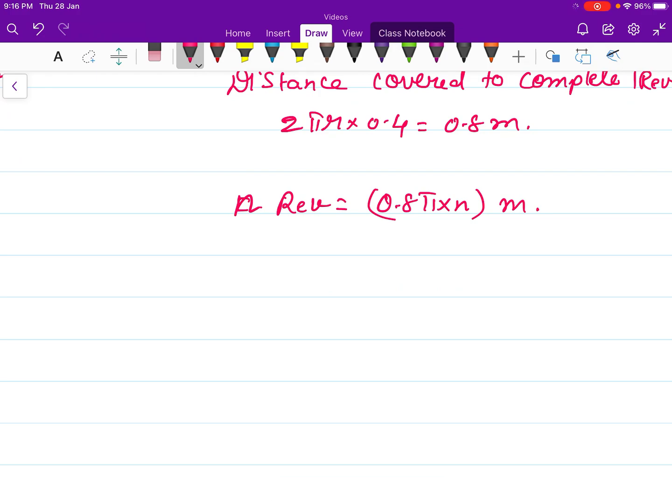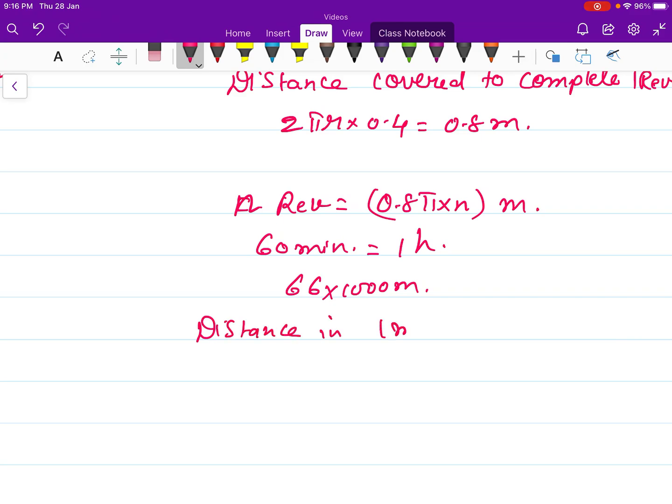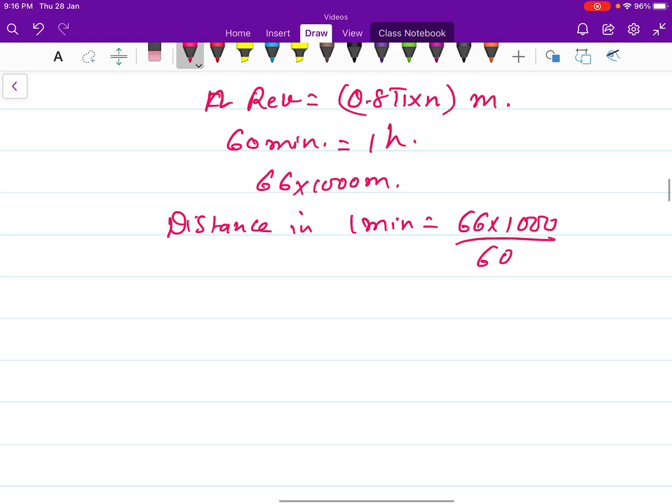Now in 60 minutes, that is 1 hour, it covers 66 into 1000 meters. So the distance in 1 minute is equal to 66 into 1000 upon 60.